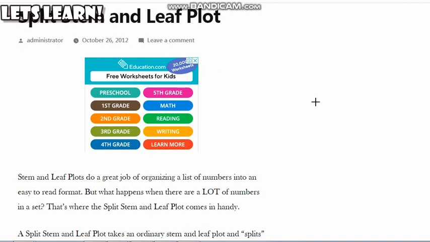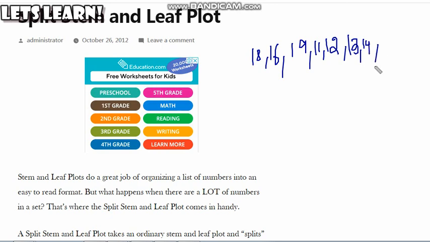Before we go to our book, I'll be explaining you guys something about split stem and leaf plots. For example, let's suppose I have too many numbers having the common tens place digit 1, like 18, then I have 16, then I have 19, let's suppose I have 11, 12, 13, then I have 14, then 20, 25.